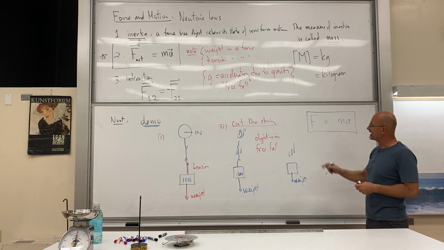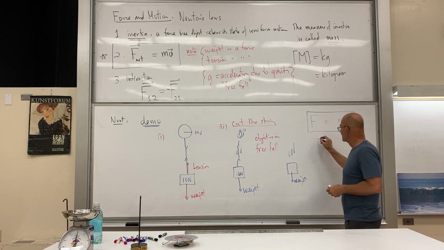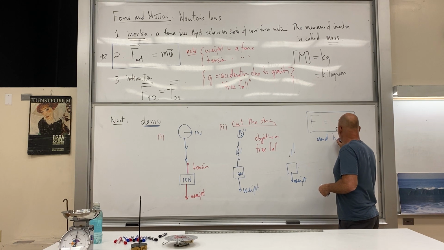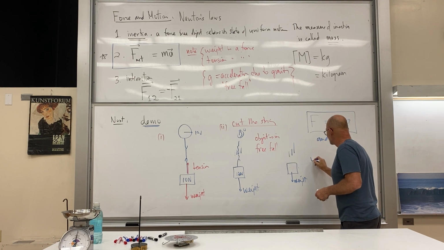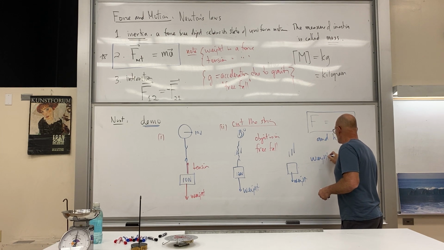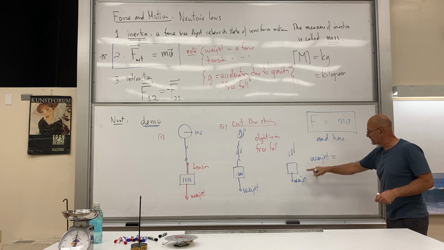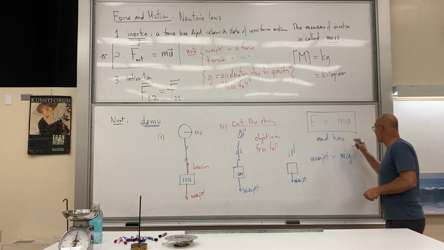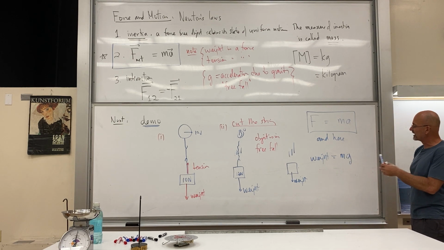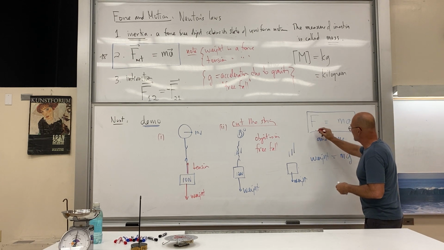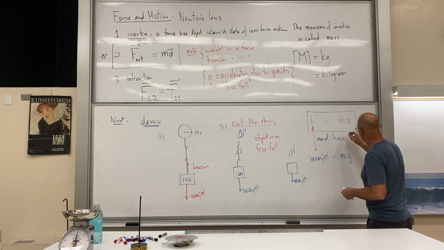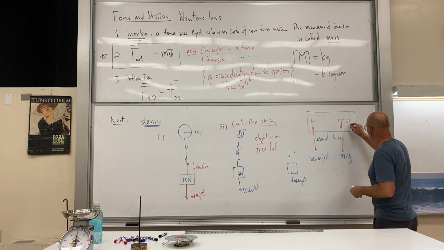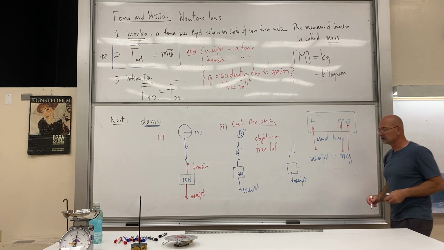In this particular case, we have weight, because that's the only remaining force. The weight is equal to m times the acceleration due to gravity. Okay, see what I did? I have mass and the acceleration due to gravity.